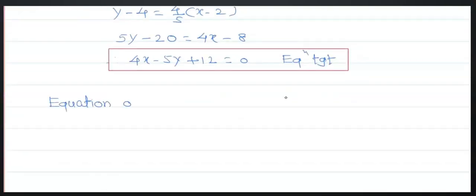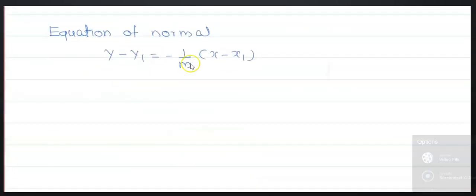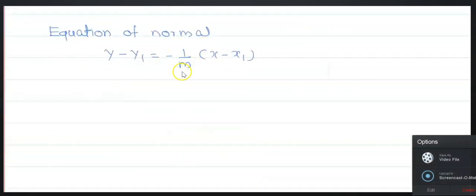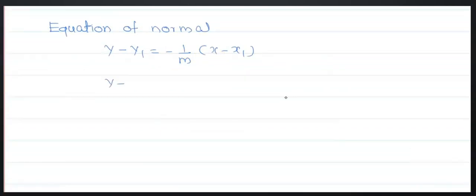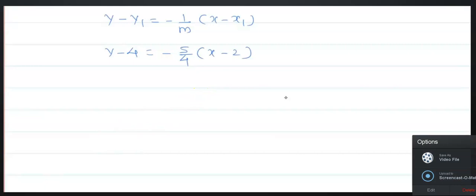Now the next is equation of the normal. Y minus y1 is equals to minus 1 upon m in bracket x minus x1. That is y minus 4 is equals to minus 5 upon 4 in bracket x minus 2.